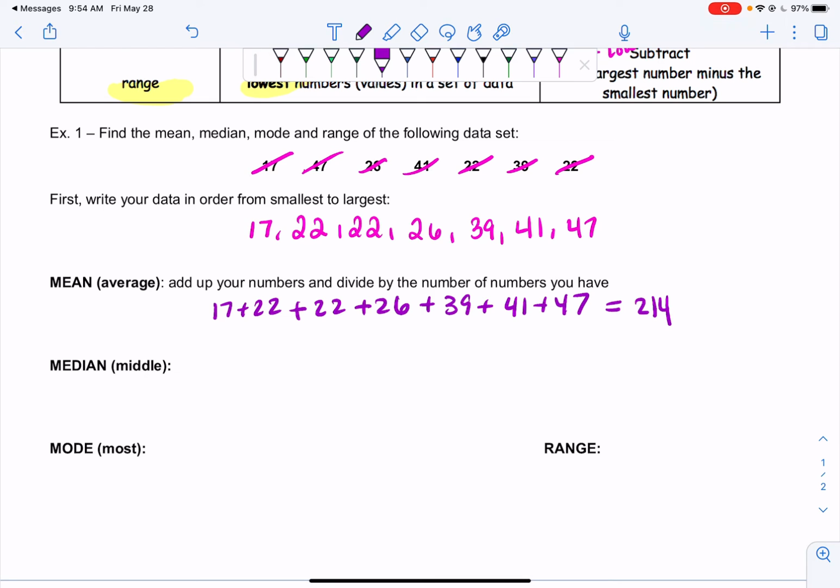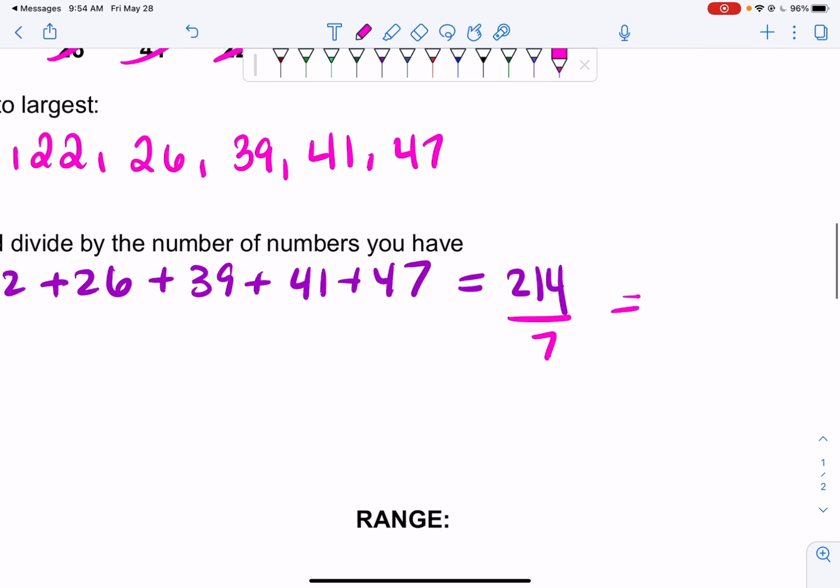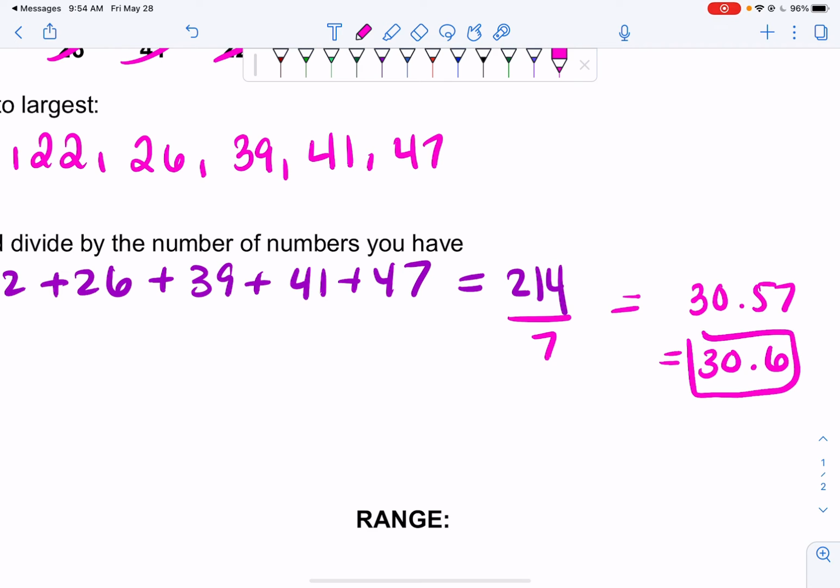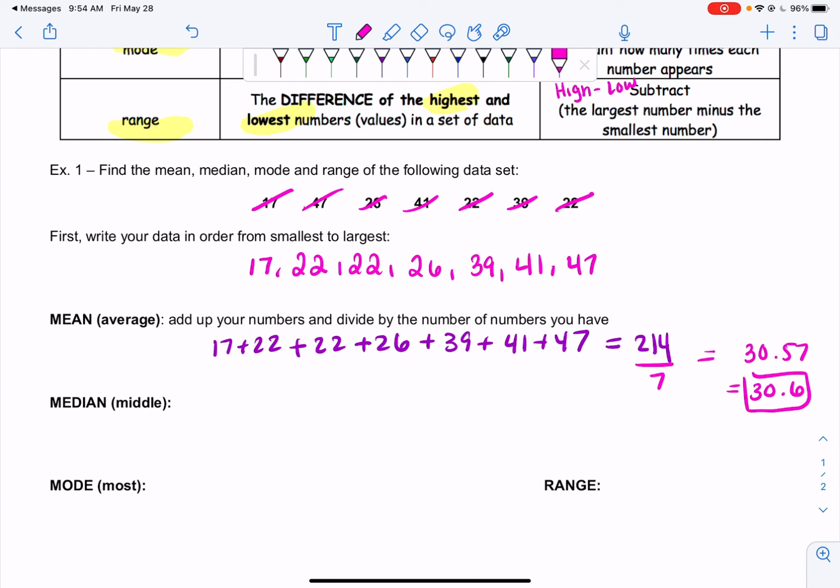If we count how many pieces of data we have, 1, 2, 3, 4, 5, 6, 7. So we're going to take that 214 and divide it by 7. 214 divided by 7 is 30.57. If we round that to the nearest tenth, we get 30.6. So my average is 30.6.